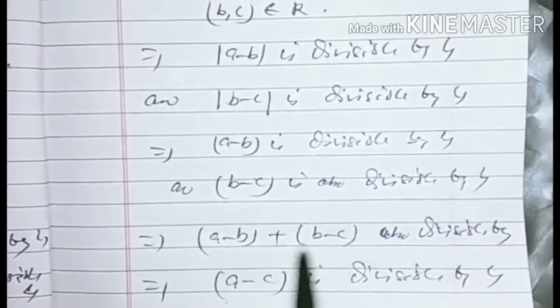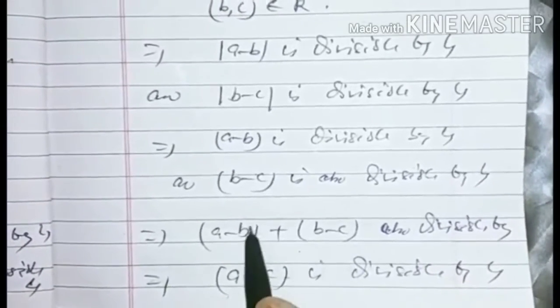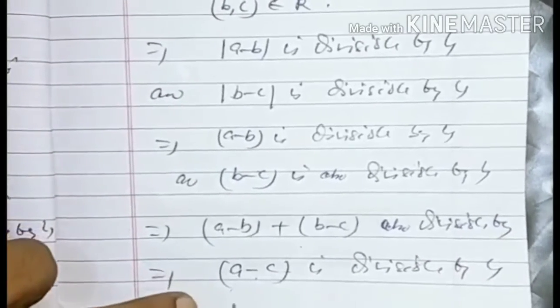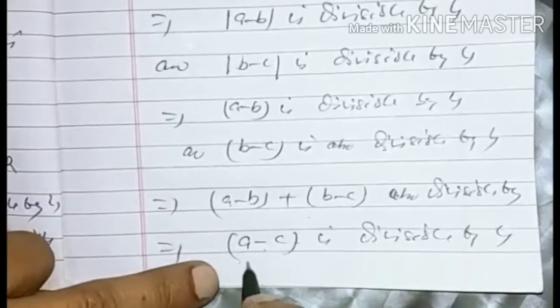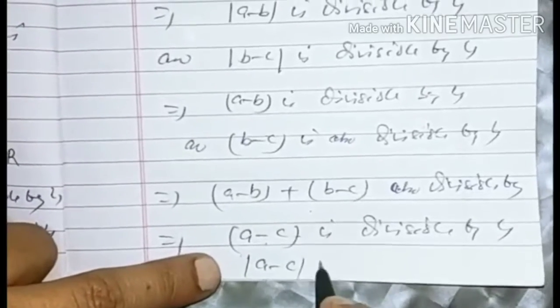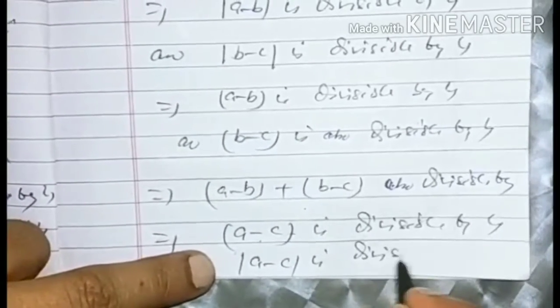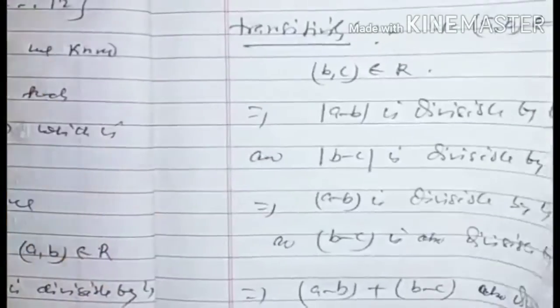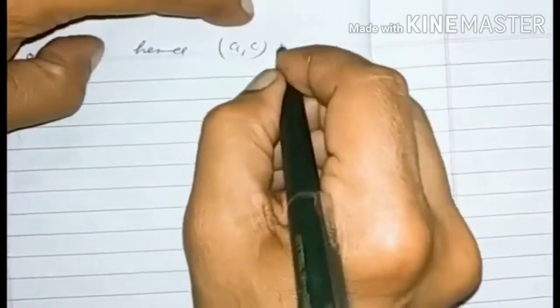Since after adding we get a minus c, b cancels, a minus c is divisible by 4, and this is nothing but the magnitude of a minus c is divisible by 4, and hence the ordered pair (a, c) belongs to R.